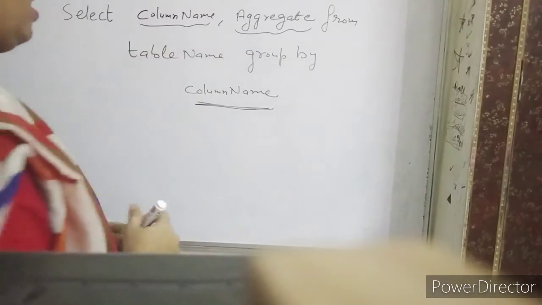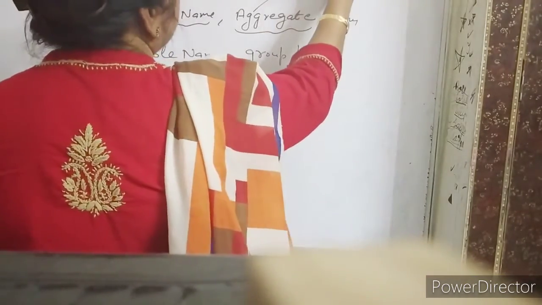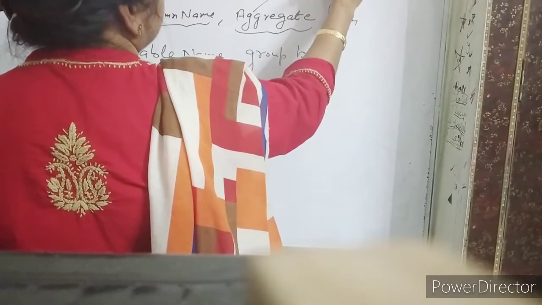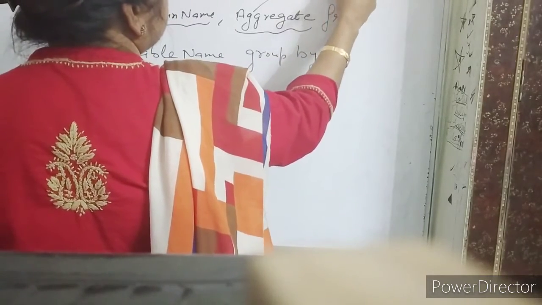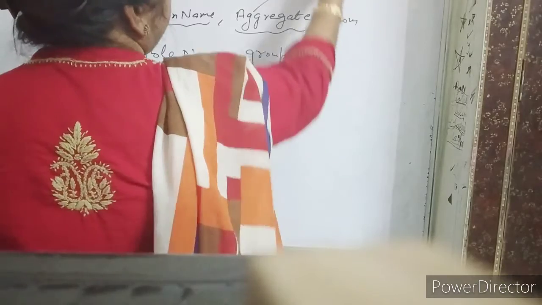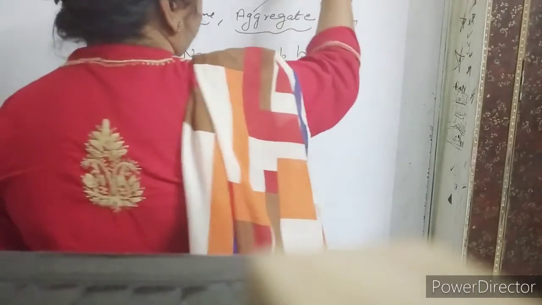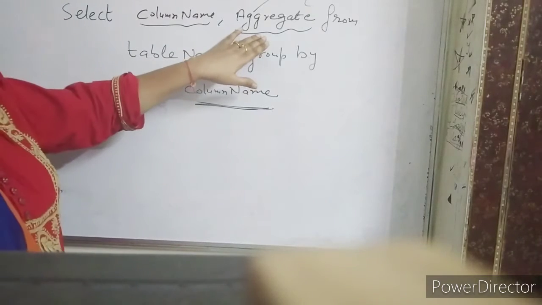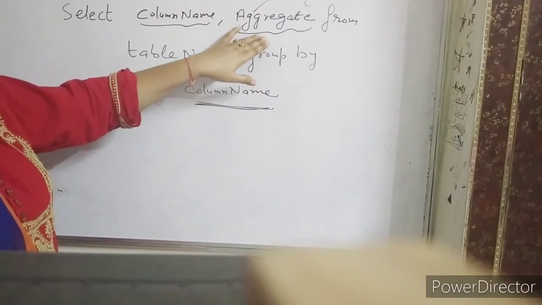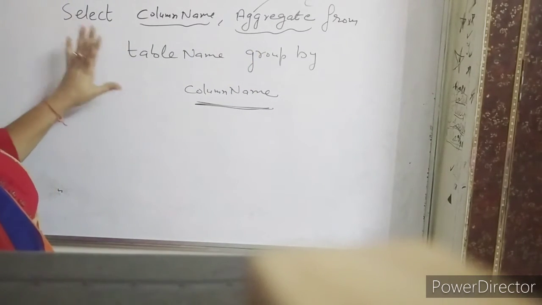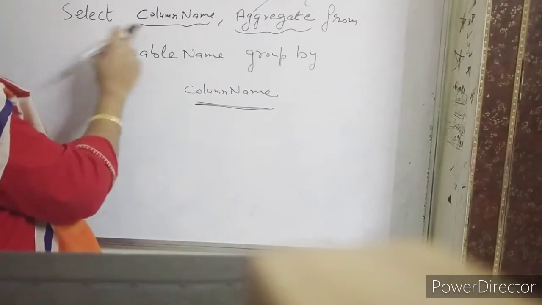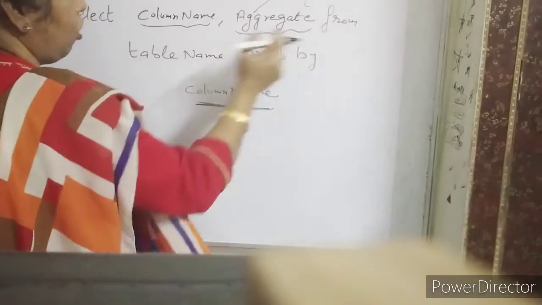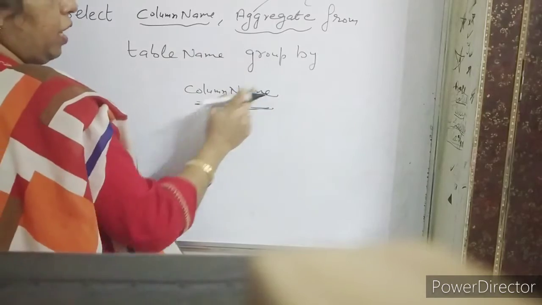We have 5 aggregates in the syllabus: sum, max, min, count and AVG. In your question, whatever summary you have to find out, that aggregate you put here. This is the simple syntax for grouping: select column name, comma, aggregate from table name, group by column name, semicolon.